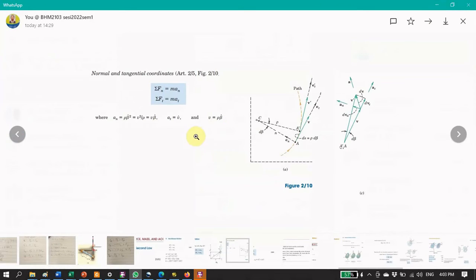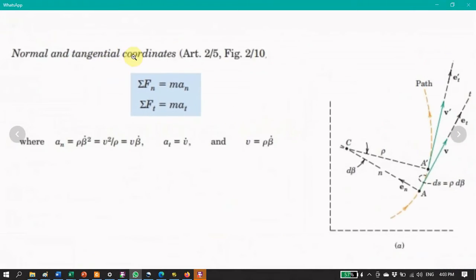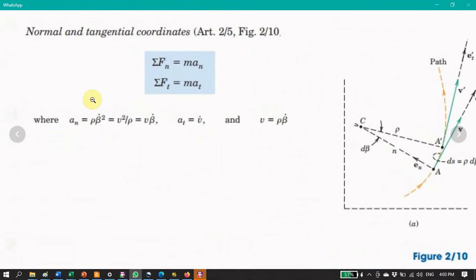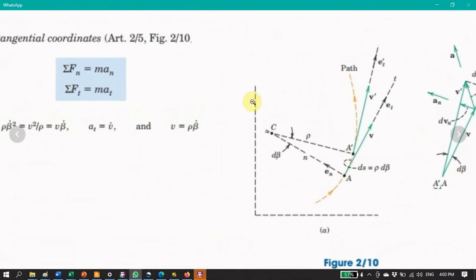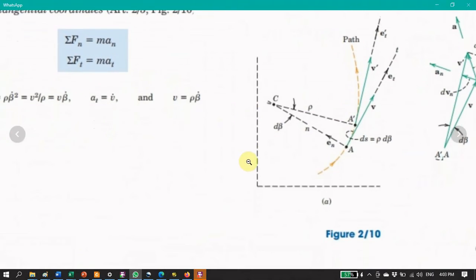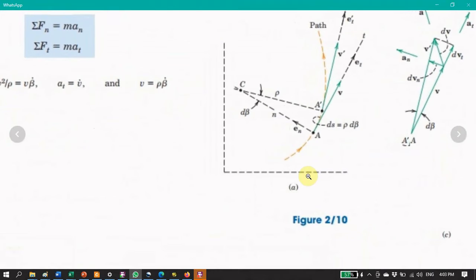Next, let's look at the way that we can solve curvilinear motion using normal and tangential coordinates. In the normal and tangential coordinates, there is an xy there, but we don't specifically state the x and y components, we just have these axes.